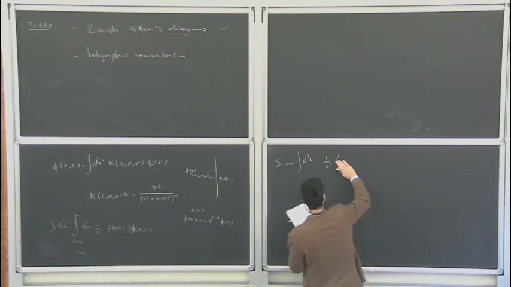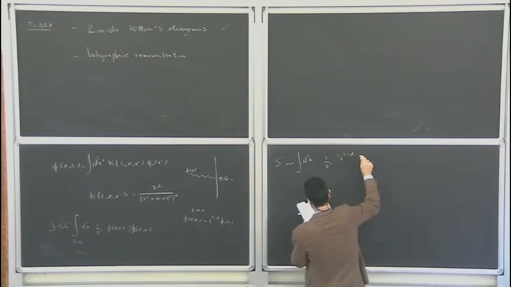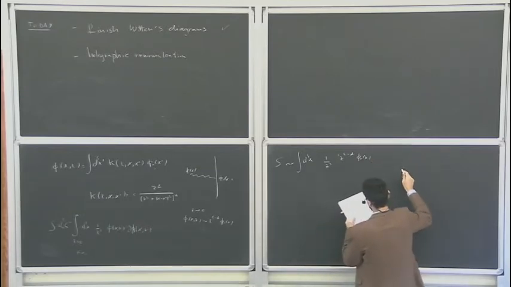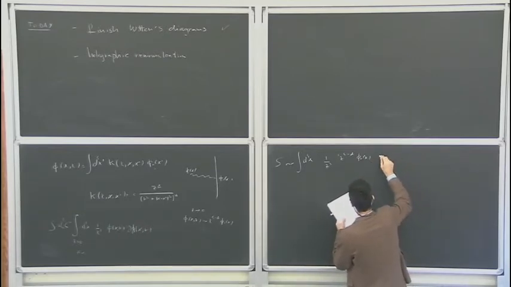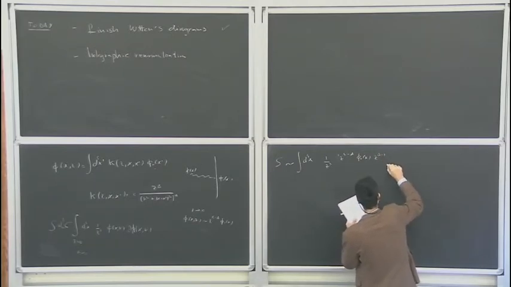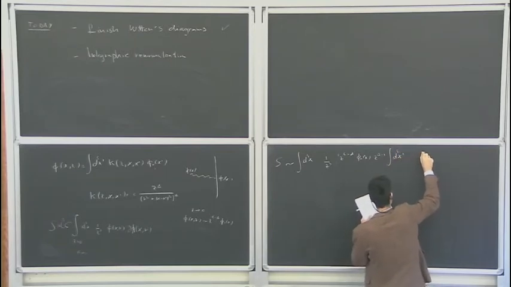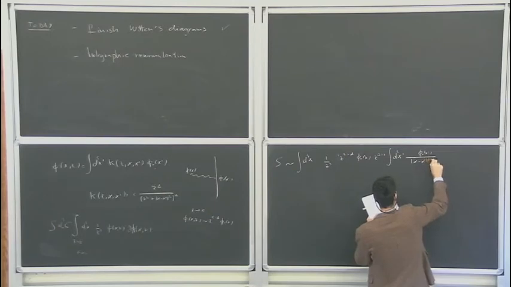So here we get this z to the 4 minus delta, phi naught of x, and from the derivative part, you get this z to the delta minus 1, integral d^4x prime, phi naught of x prime, over x minus x prime to the 2 delta.